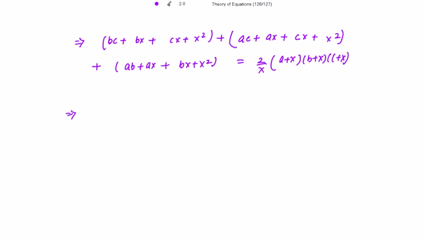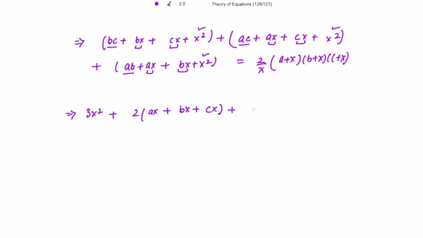So x square and x square and x square give us 3x square. Then ax and ax give twice of ax, bx plus bx twice of bx, and cx and cx twice of cx, plus ab plus bc plus ca.